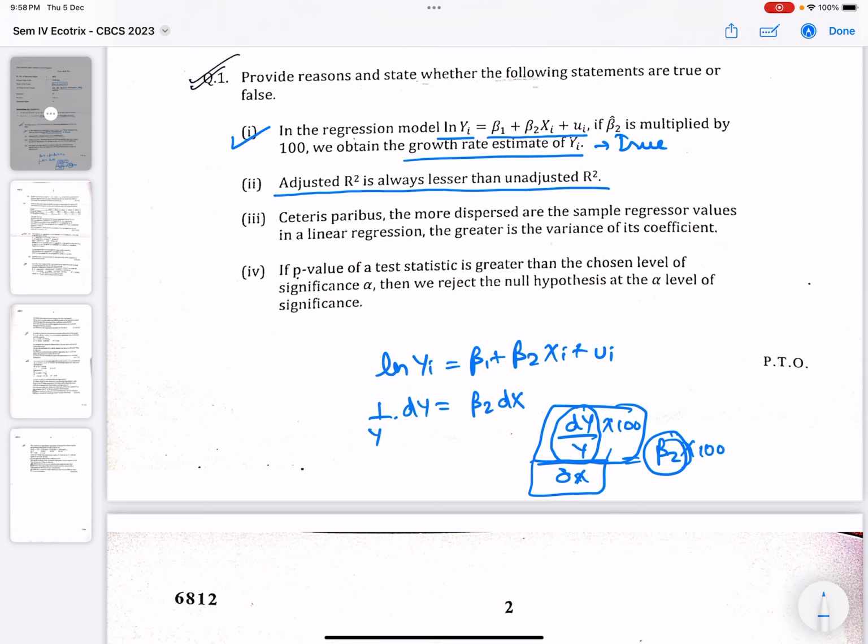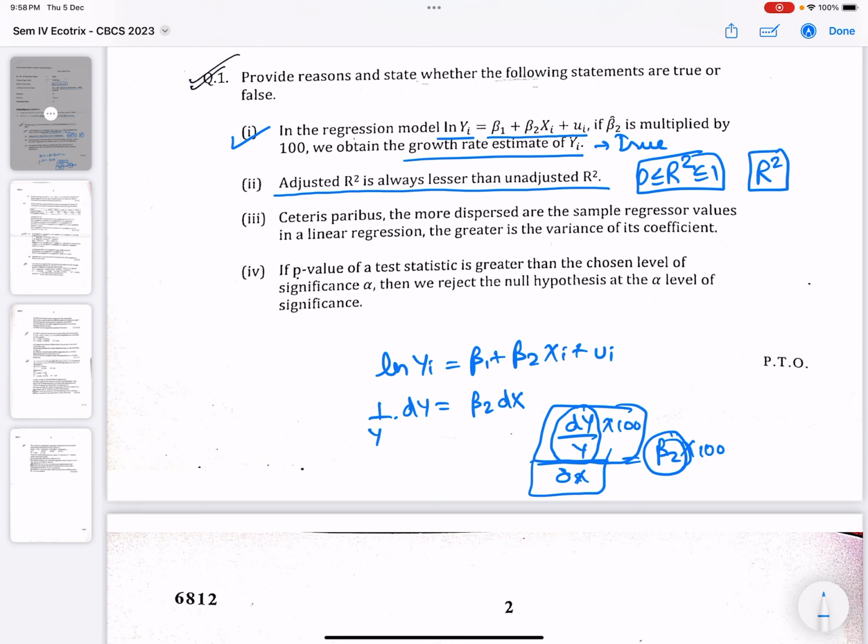Now coming to the second part: adjusted r square is always lesser than unadjusted r square. So we have discussed that r square is a goodness of fit. The range of r square lies between 0 and 1. It shows the proportion of variation in the dependent variable which is being explained by the independent variables. Even if we keep on adding variables, r square is bound to increase. It will remain the same only when the variables are totally irrelevant.